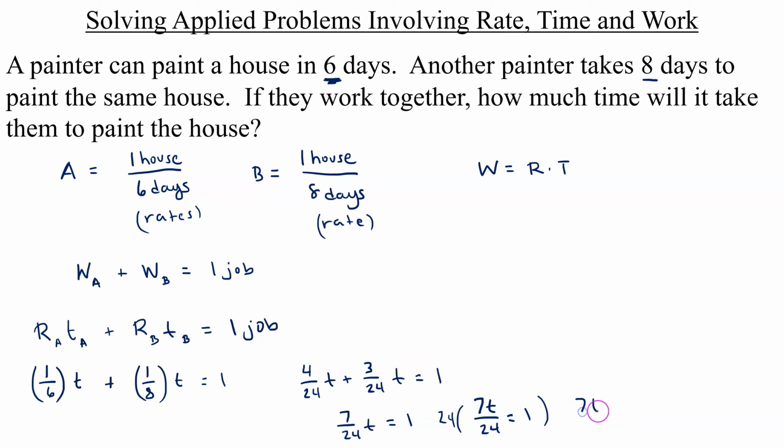That gives me 7t equals 1 times 24, which is 24. And then final step, 7 is multiplied by t, so I'm going to divide both sides by 7, and we get t equals 24/7. And if we report that as a decimal, it's going to take them 3.43 days to paint the house.